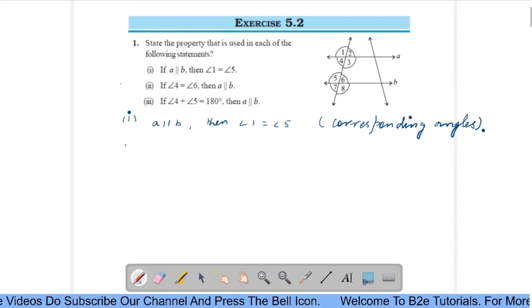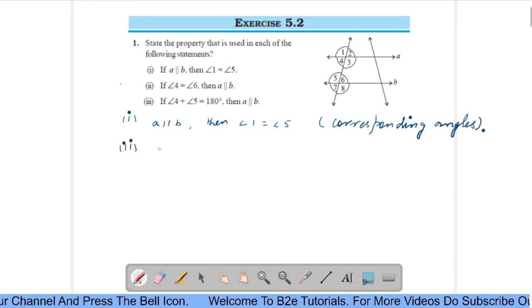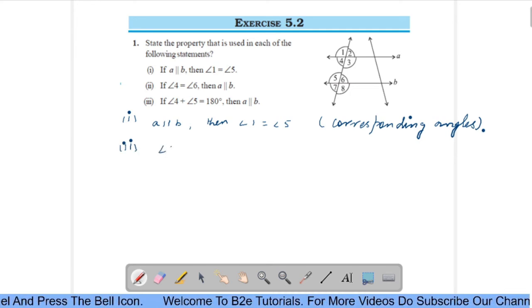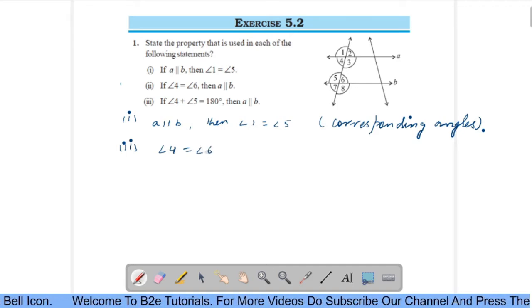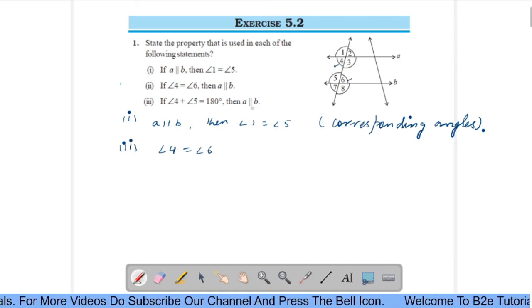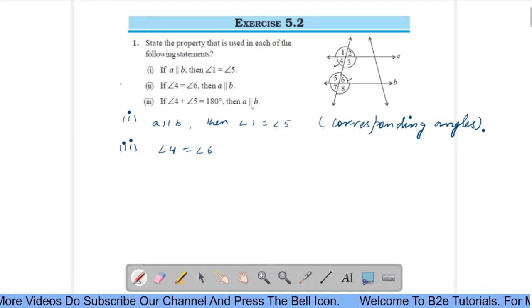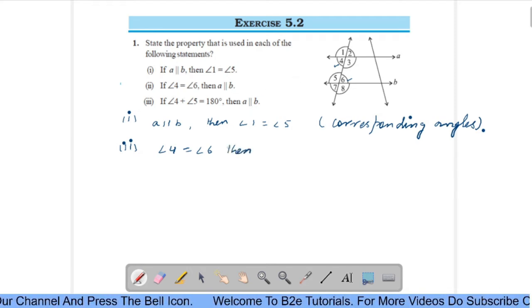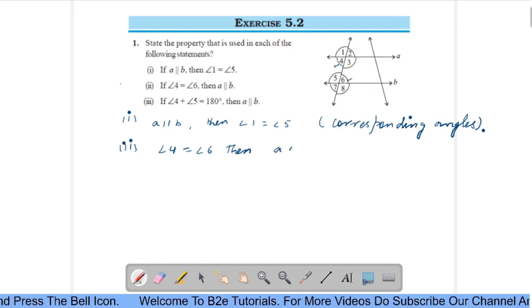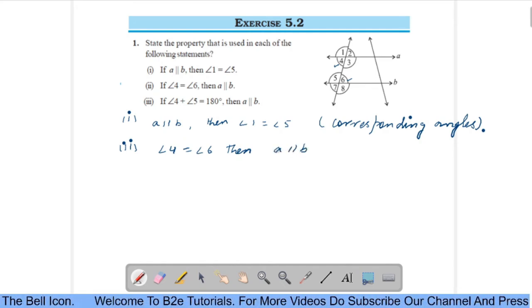Now come to second part. Here angle 4 is equivalent to angle 6. Then A is parallel to B. Why?